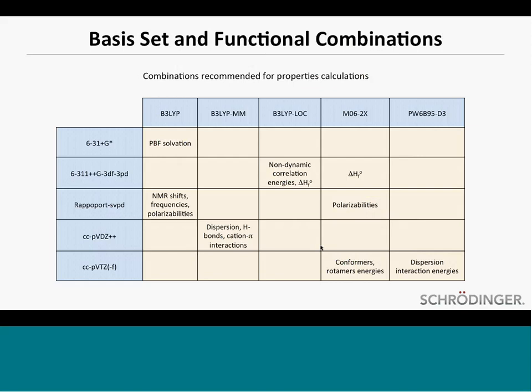So I highly recommend this is something that you keep in your back pocket. So B3LYP on the left, B3LYP-MM developed at Columbia, then B3LYP-LOC, which is the functional I developed at Columbia, and then M062X out of the Truhlar lab, and then PW6B95, which we already talked about.